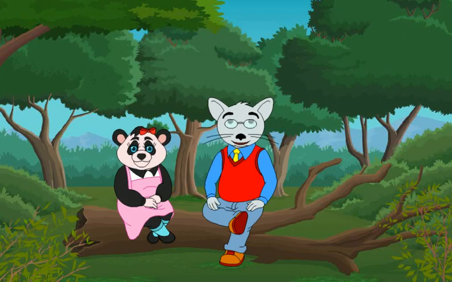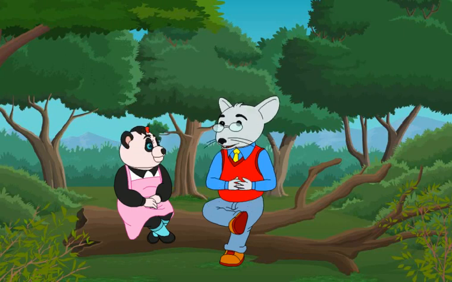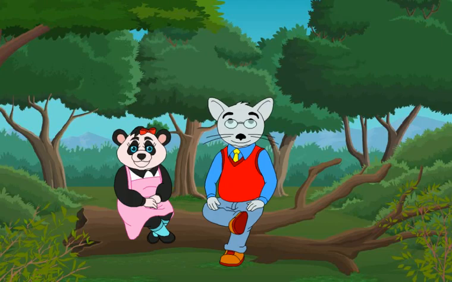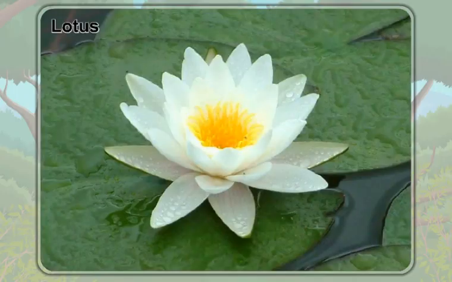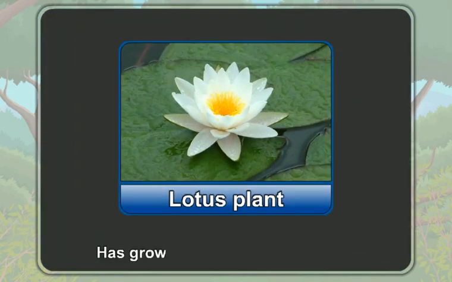Students, some plants grow in the water as well. Have a look at this lotus plant. It has grown in the middle of a pond, hasn't it? The lotus plant grows in water.